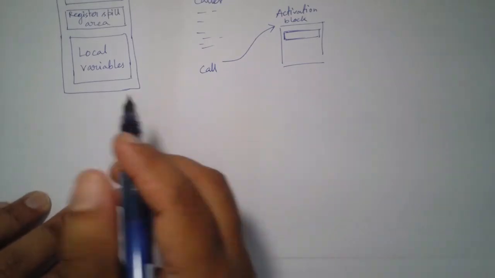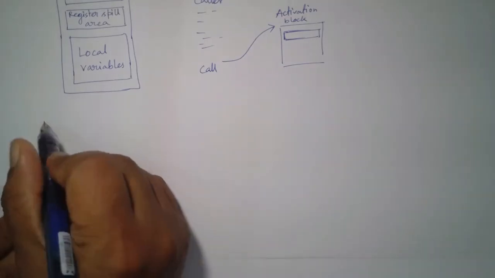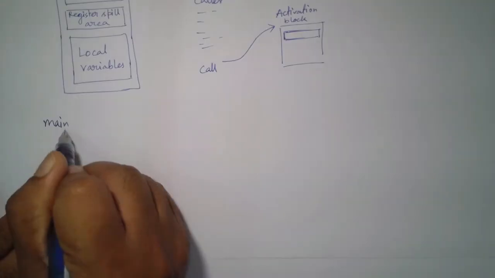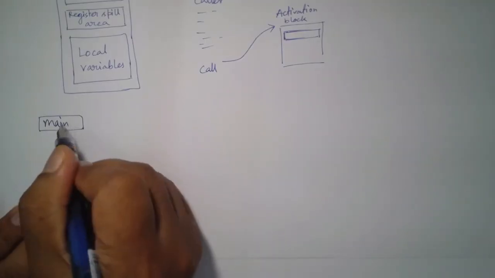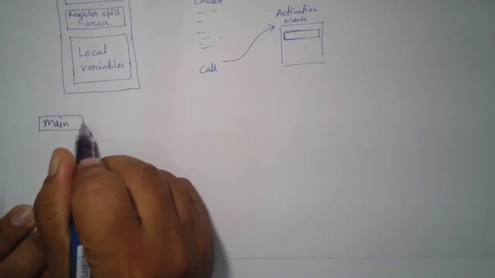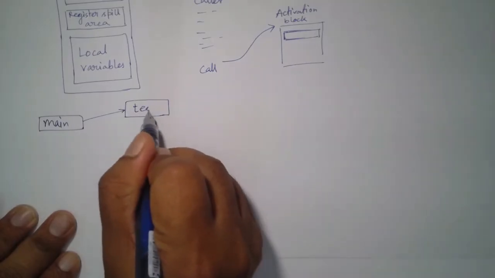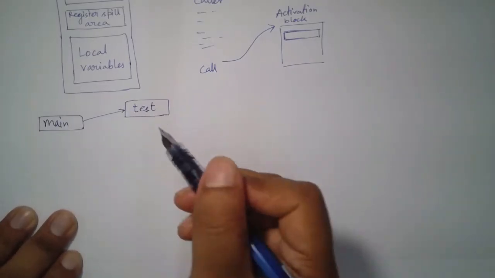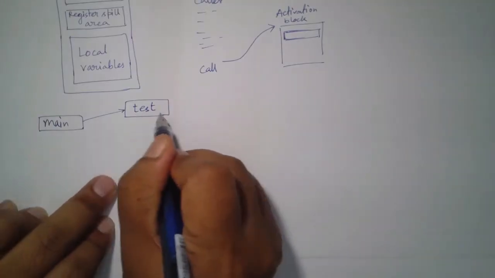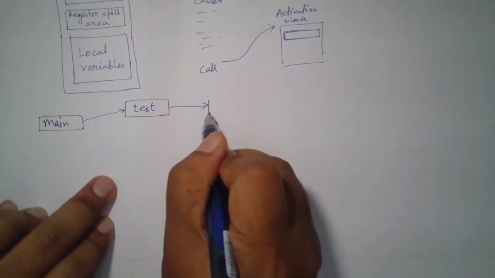So, let us say I have a main function. This main function calls a function called test, alright. Now, this function again calls a function called, let us say, test2.